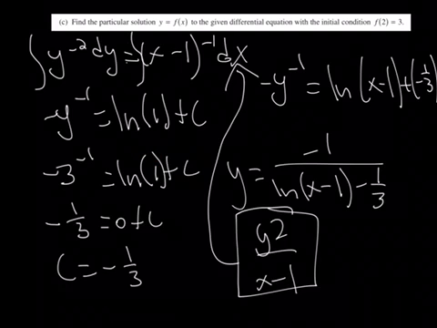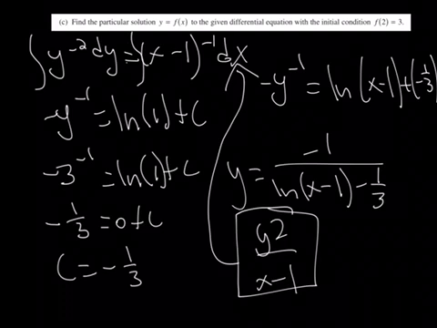Once you have that, you're going to plug in these two numbers, this one for x and this one for y. That's going to be negative 3 to the power of negative 1 is equal to ln of (x minus 1), but I already simplified, as you can see, so it's going to be ln of 1 plus c. Oh, don't ever forget the c.